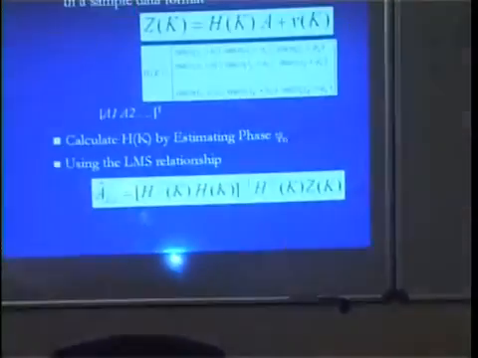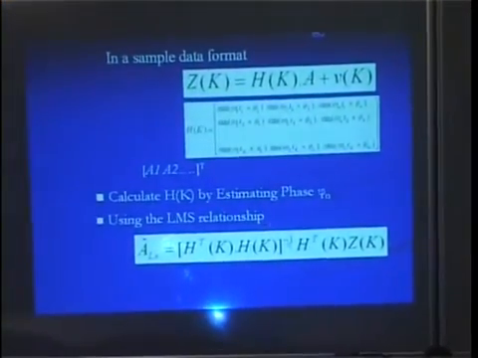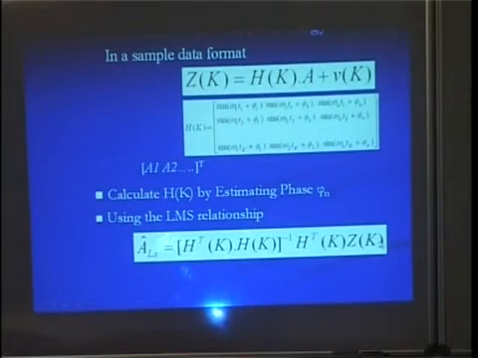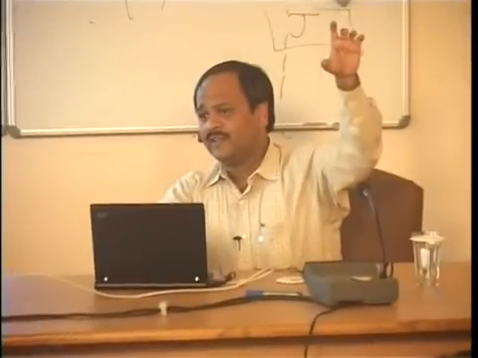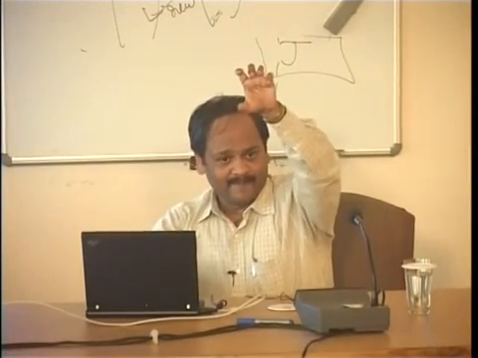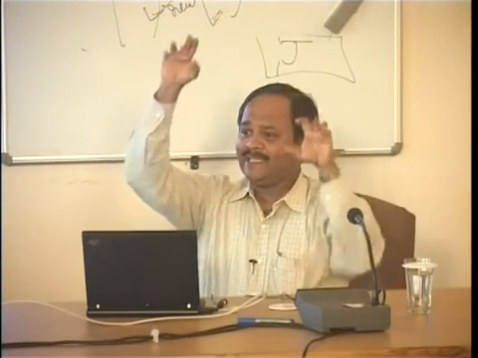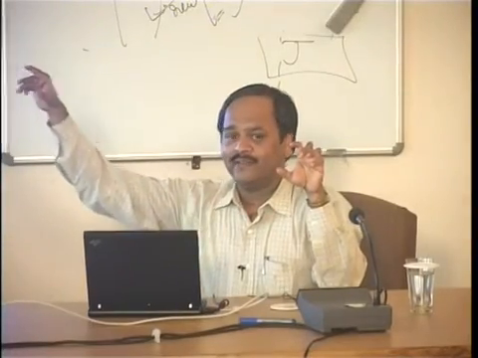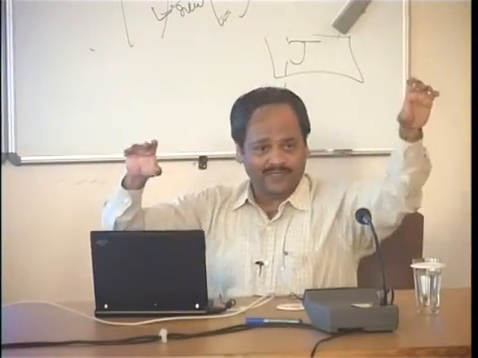So A becomes H transpose H inverse into H transpose into Z. Very simple. First you multiply by H transpose on both sides. Then the left hand side is H transpose into Z, and the right hand side is H transpose H into A. Now what is A?